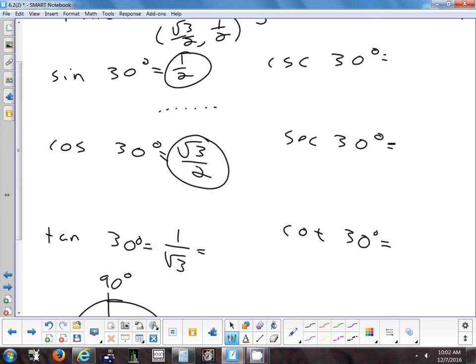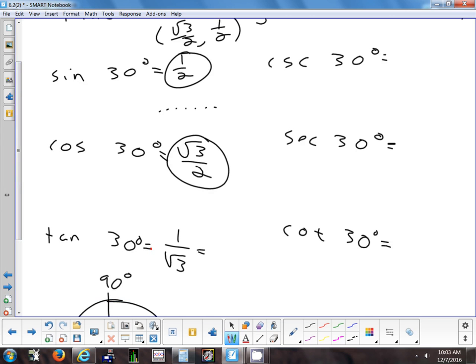But we need to fix that because we're not going to leave the root in the bottom. So Allison, what would that fix if we rationalize it? Not quite. There will be a square root of 3 in it, but there's something else. Because if you multiply the top by square root of 3, you get square root of 3.